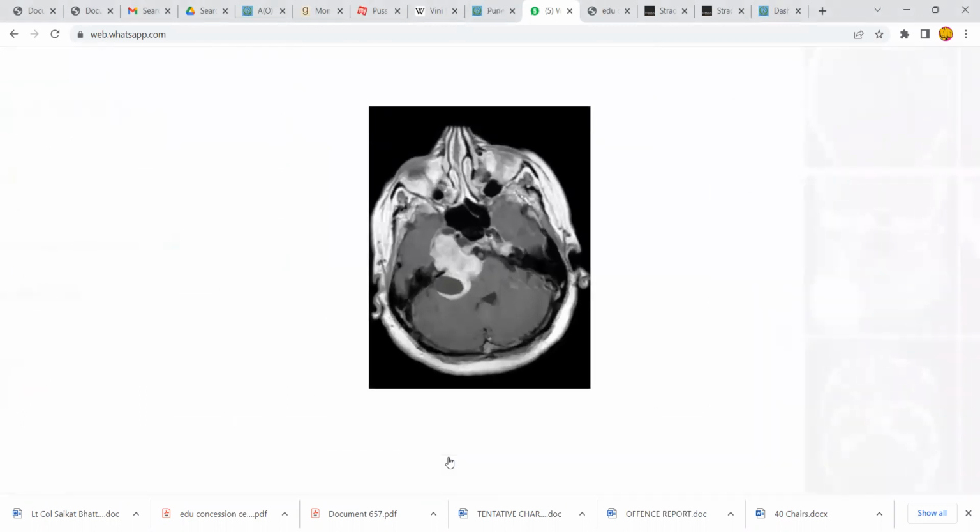Yes, Yogesh? Sir, right side is vestibular schwannoma. Nidish? This is a typical vector of growth of this lesion.